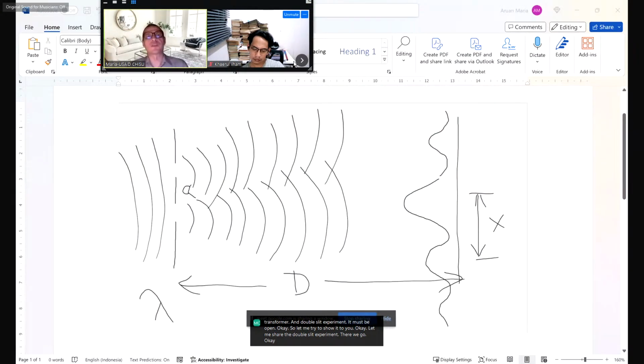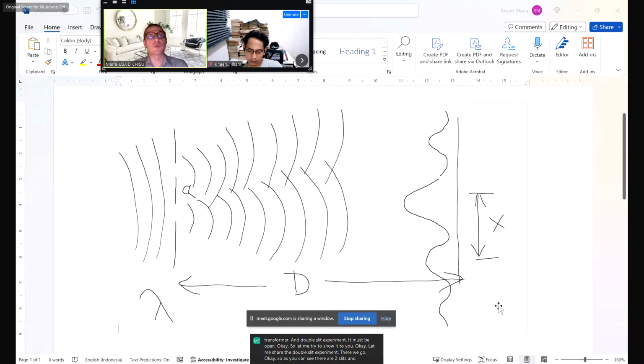Okay. So as you can see, there are two slits and the distance between them is A. The wave moves through two slits, and as you can see on the screen, the middle fringe is the biggest, right? Many people would expect the biggest fringes to be directly opposite the slits, but no, because of the wave nature of electromagnetic waves, there is interference, and the maximum fringe is in the middle, in between the slits.